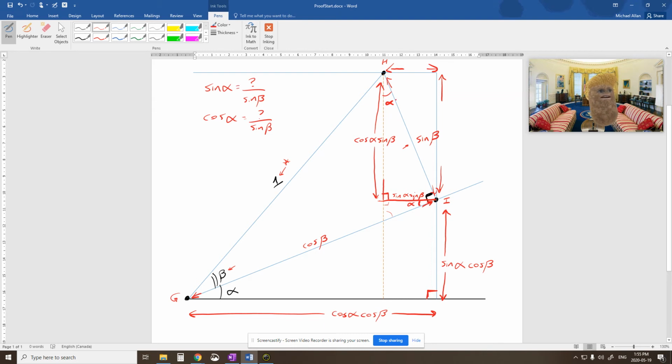Now, because this is a rectangle, this piece here is going to be the same as this piece over here. So that's going to be cos alpha sine beta. And then this bottom piece is going to be the same as this one up here. It's going to be sine alpha sine beta. Okay, so I can just put that line.